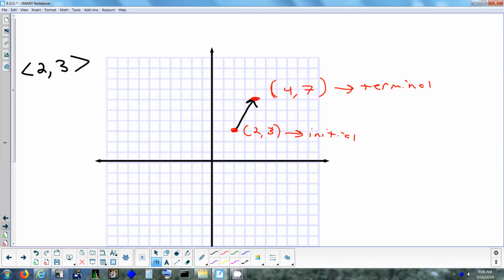Yeah. Subtract the initial from the terminal. Kind of bad that I had the initial point be 2, 3 and the vector came out to 2, 3. But no matter where you put it, the idea is if you do 7 minus 3 and 4 minus 2, that's how you get this. 4 minus 2 is 2. 7 minus 3.